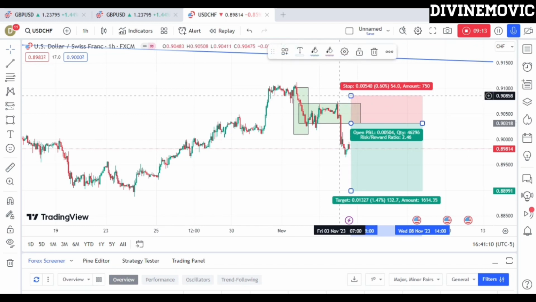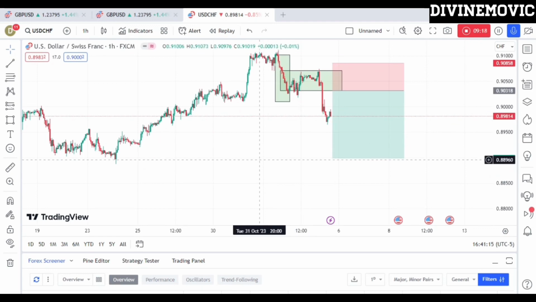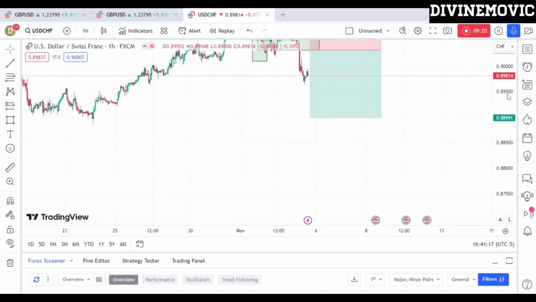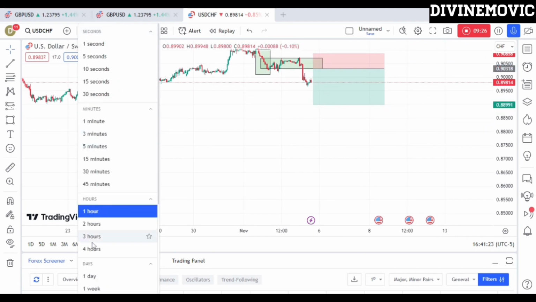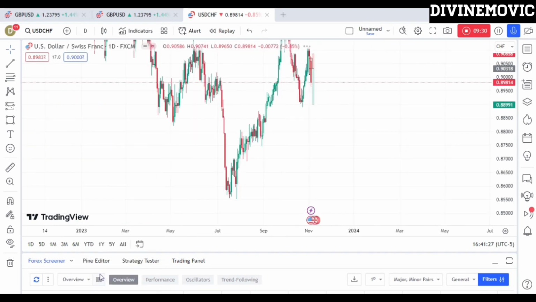Our stop loss should be around this place. We can target here as our first take profit, and then the daily trend, which is daily support, will become our target.